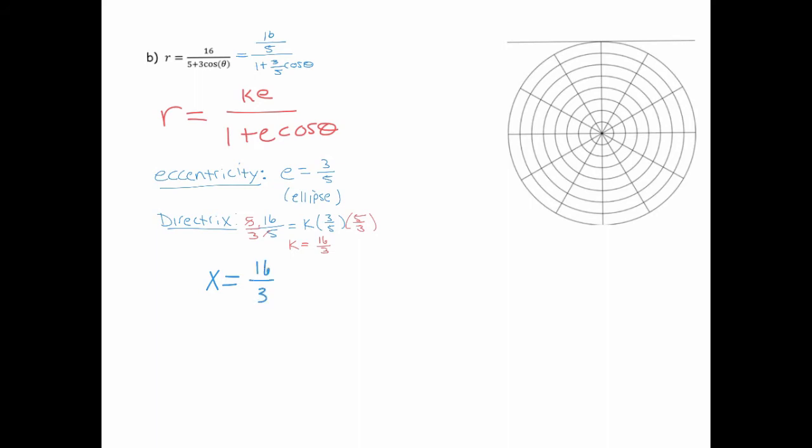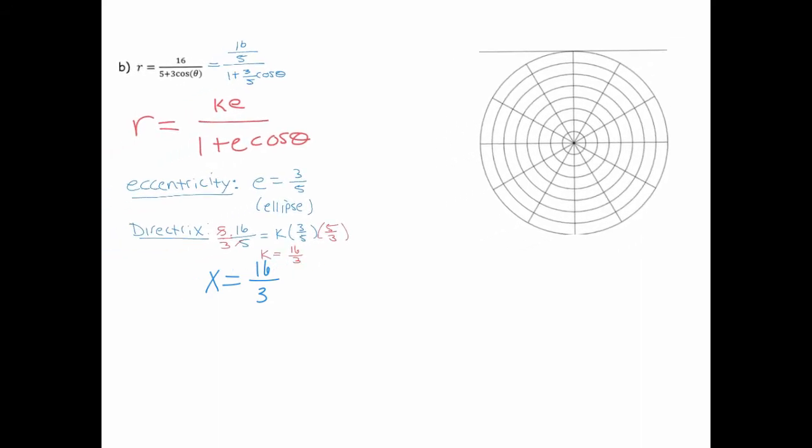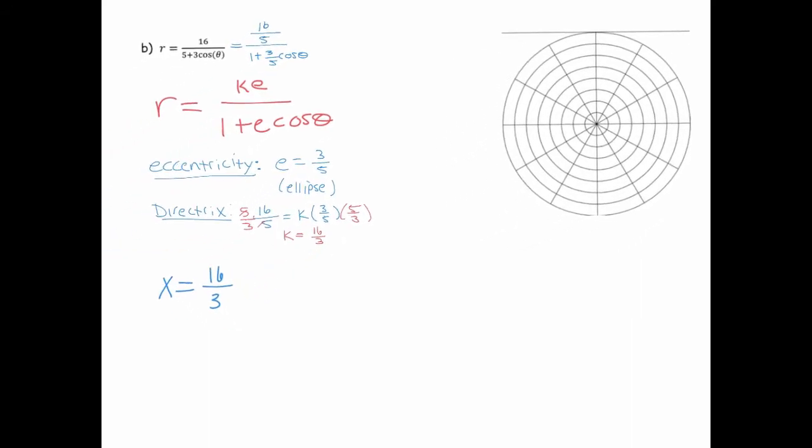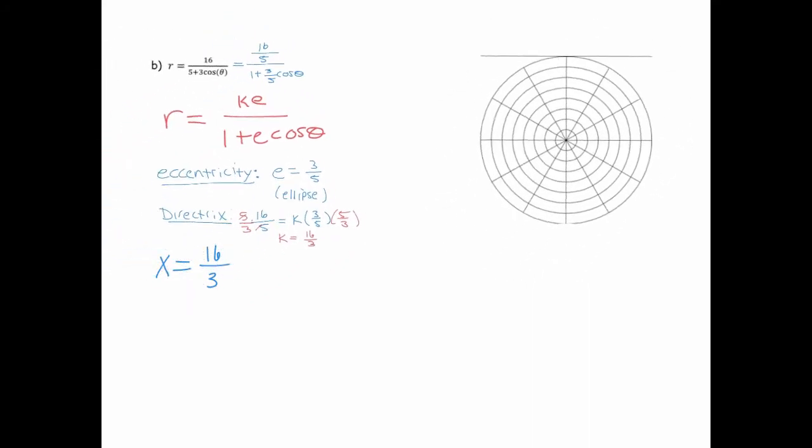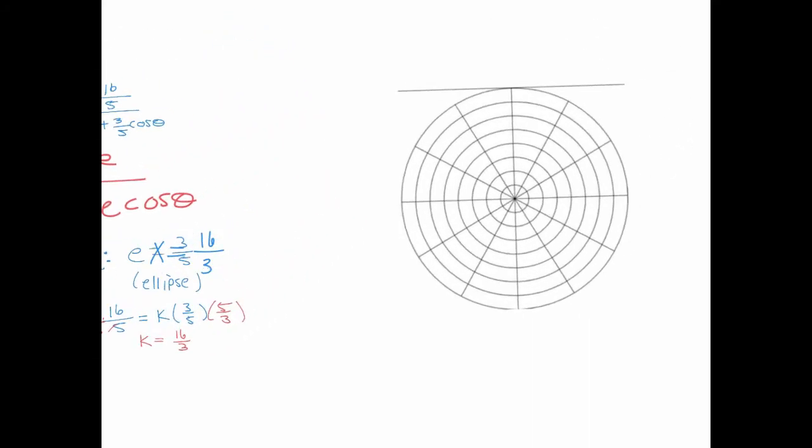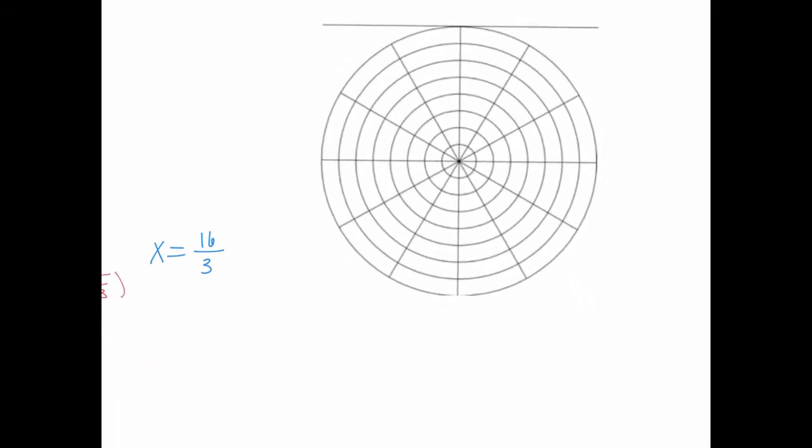Okay, so we got the eccentricity, we got the directrix, so now let's go make the graph. Sorry, that's not sticking with it, but we'll just deal with it. Okay, so I'm just going to copy it down again, the original version.